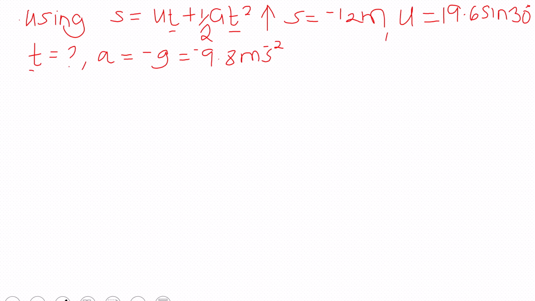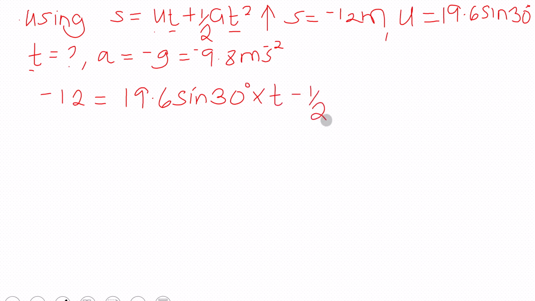So if we substitute this information in our equation, we are going to have negative 12 equaling 19.6 sine of 30 degrees, times the time t, minus a half times 9.8 times t squared.